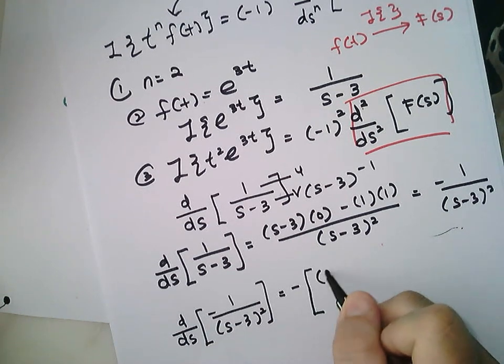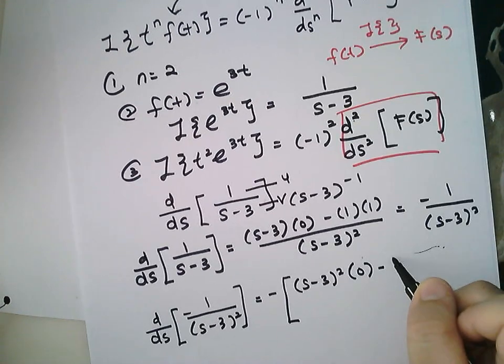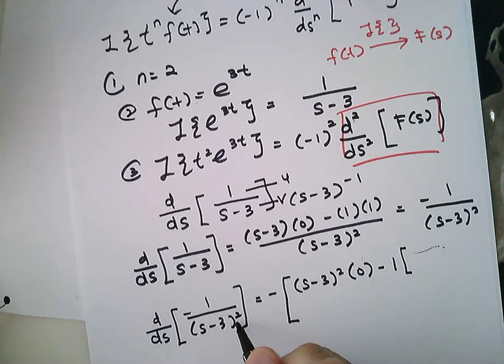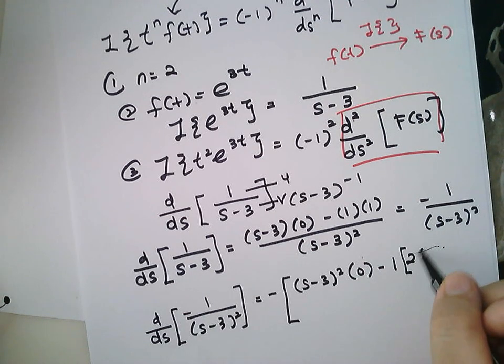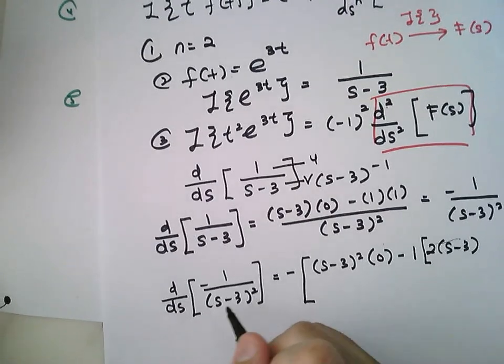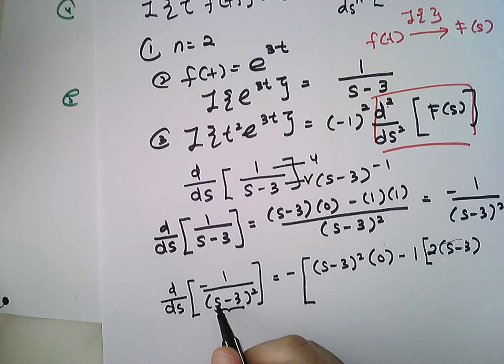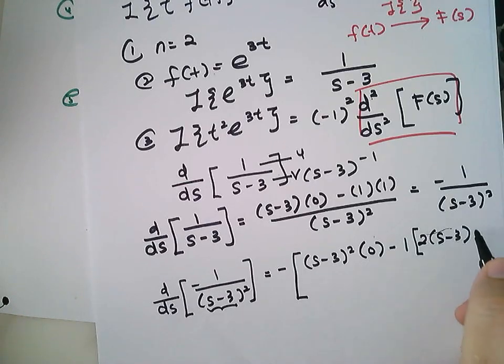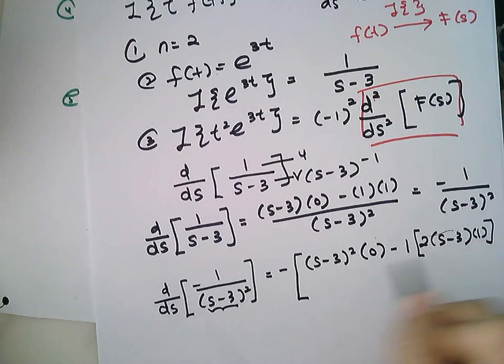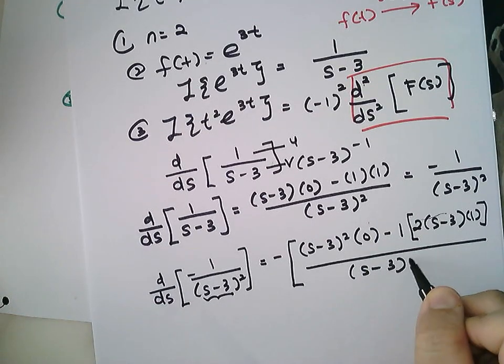Then v u prime minus u v prime. To differentiate this one, bring the power to the front, so you have 2(s minus 3), the power reduced by 1 so you have 1 here, and then differentiate inside: differentiating s minus 3 gives you 1, over v squared, so you have (s minus 3) to the power 4.